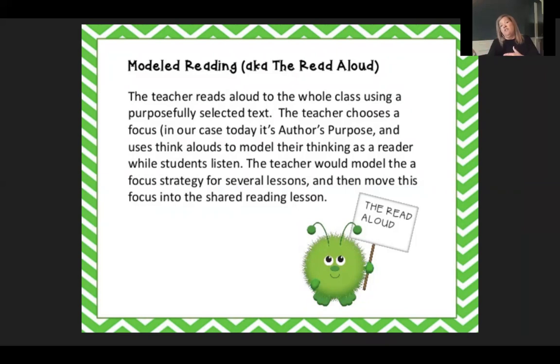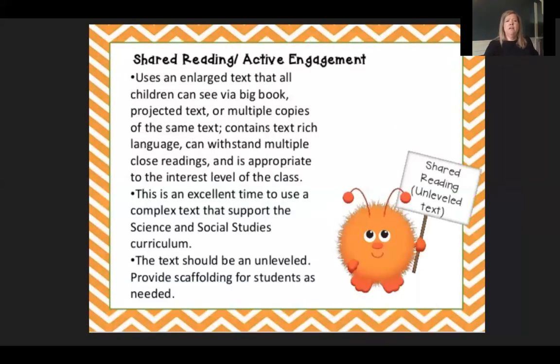And then what I want to do is move this focus into a shared reading lesson. A shared reading lesson really starts putting more of the lesson in the hands of the student, designed for the student to become actively engaged. In primary grades, I could use a large text, or maybe I have multiple copies of the same text. Maybe I have it on my screen so that they can see I've projected it.